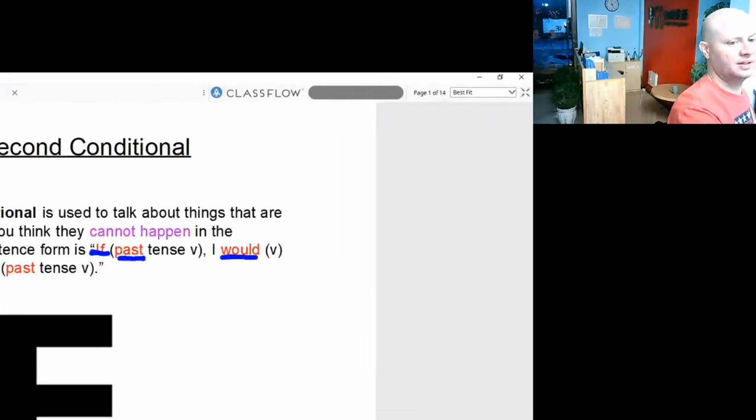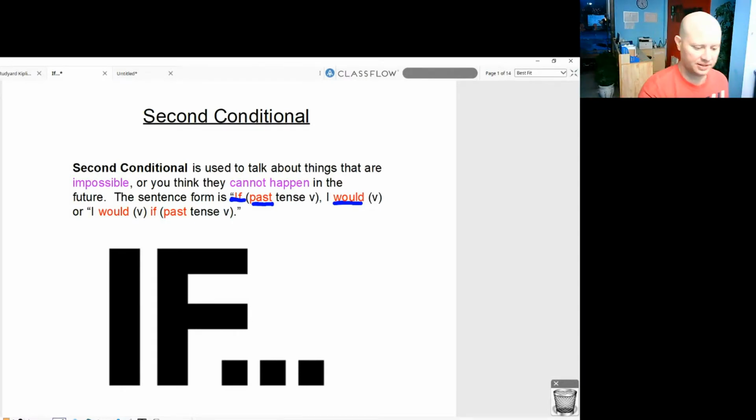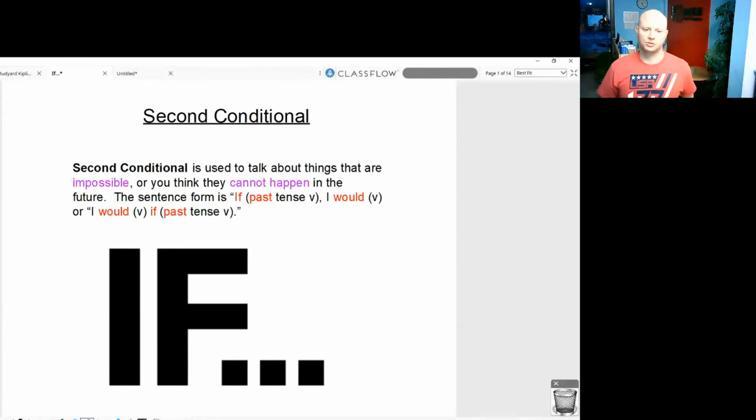What I want you to do now is try to use the second conditional to make some of your own second conditional questions to ask your partner. Now remember, the grammatical structure of these, you can look at the ones in the lesson, or right here, you can see this structure.